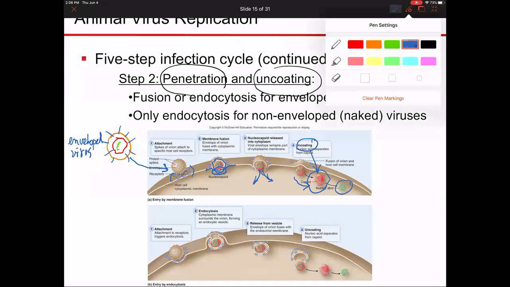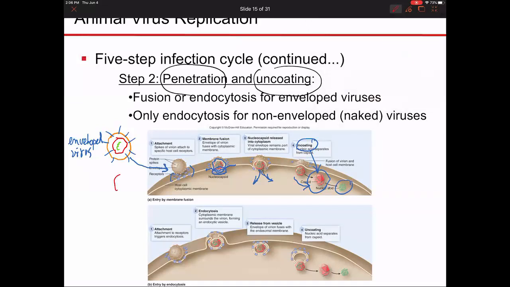Now, both enveloped viruses and naked viruses can use the second strategy that I'm showing you here. They can enter through a process that we call endocytosis. And that means the virus will attach to the surface, and the attachment to that surface will trigger the process of endocytosis, in which the membrane of the cell starts to engulf that viral particle.